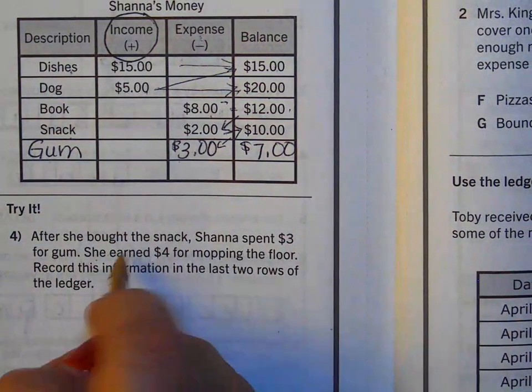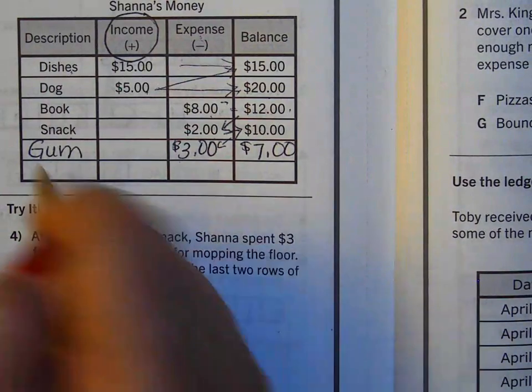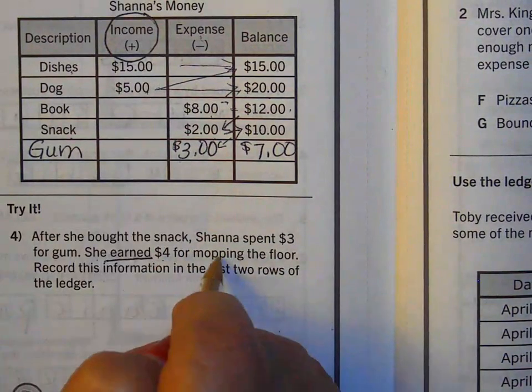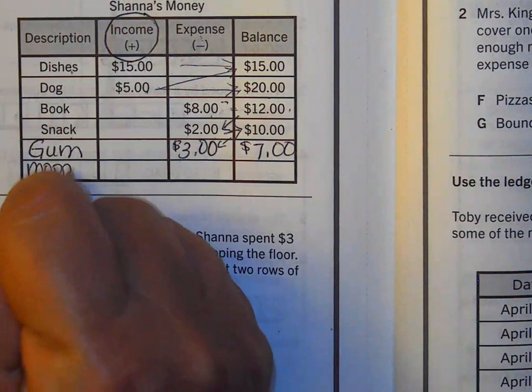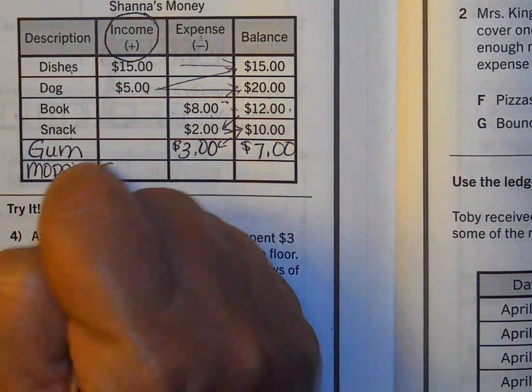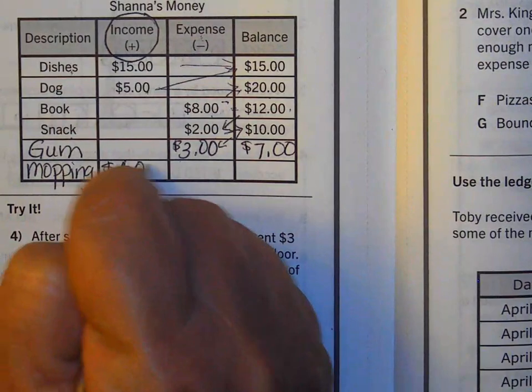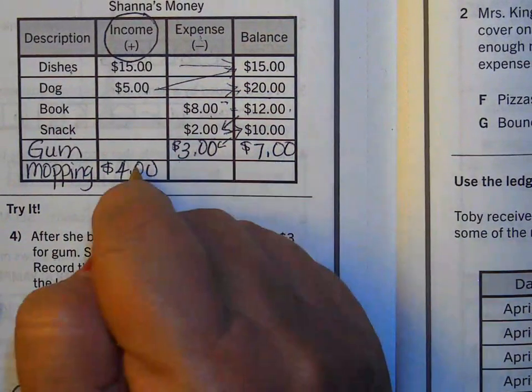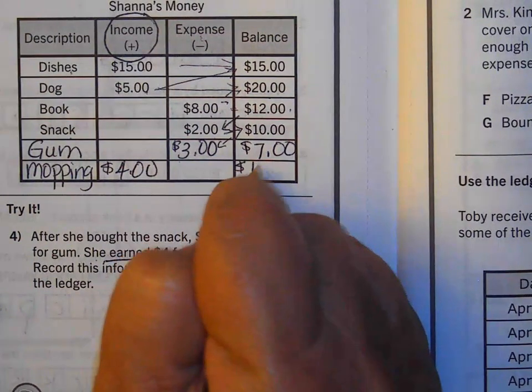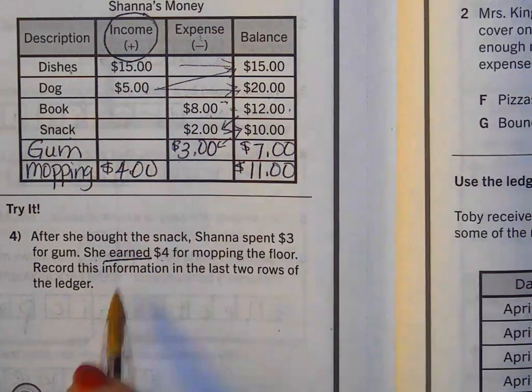But she earned, this is income, $4 for mopping the floor. So this is mopping, or you can write the word floor. So I'm going to put my $4 here, and I'm going to add $7 plus $4. She now has $11 in her bank.